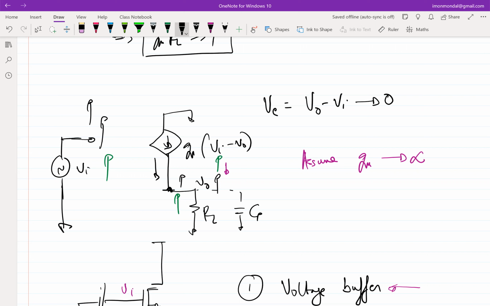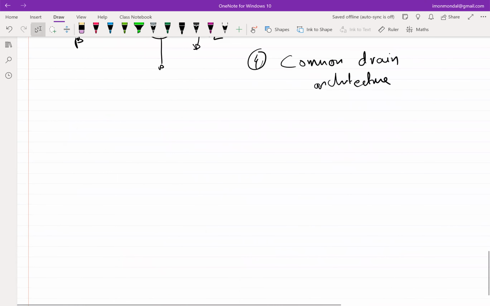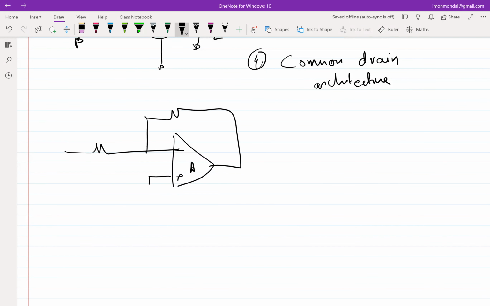So what is a virtual ground? It means that one node tracks the other. In case of an op amp, when you set A to infinity, what you are essentially saying is that these two nodes are tracking each other.